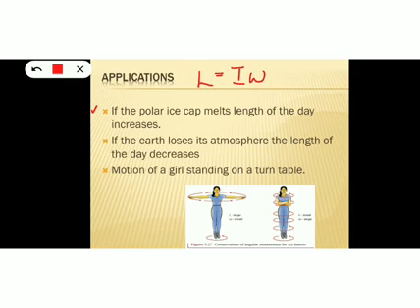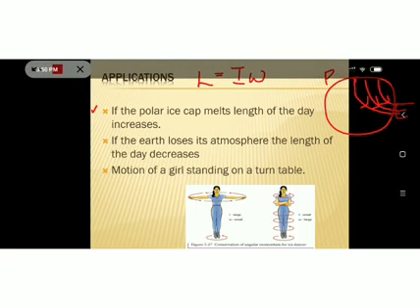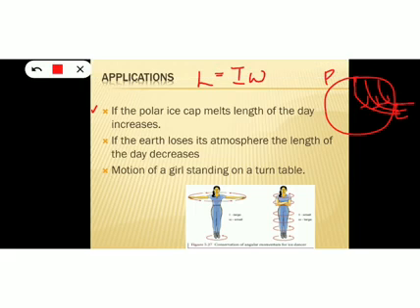So for Earth, angular momentum L is equal to I omega is a constant. And when the polar ice cap melts, what will happen? This is Earth, this is the polar region, this is the equatorial region. When the polar ice cap melts, water will flow from the polar region to the equatorial region. So more water will get accumulated on the equatorial region.